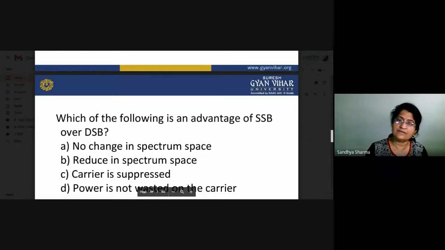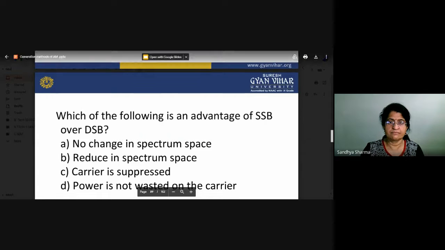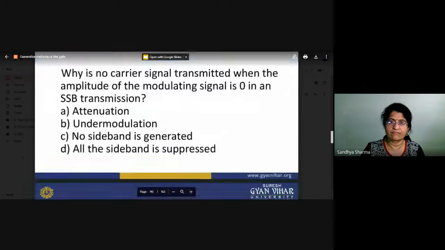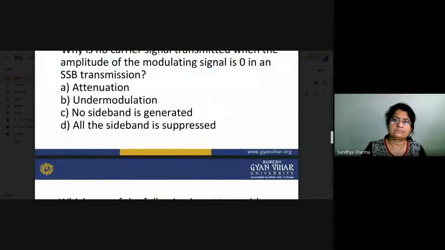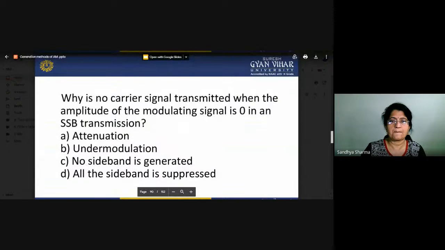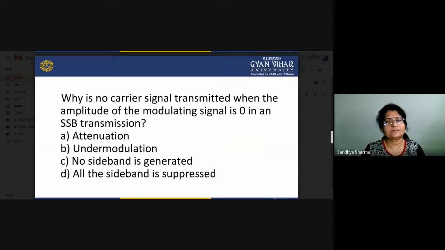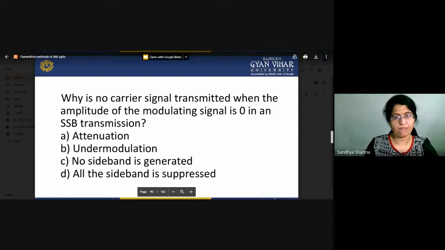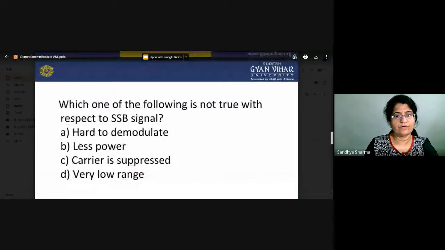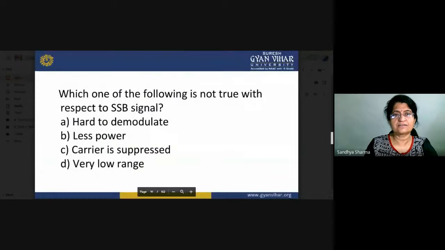As we have already seen the basic advantage. What happens when no carrier signal is transmitted, when the amplitude of the modulating signal is zero? So you are not transmitting a carrier signal. What about SSB transmission? You have to read these. These are our objective questions.